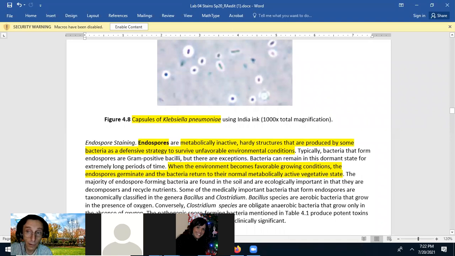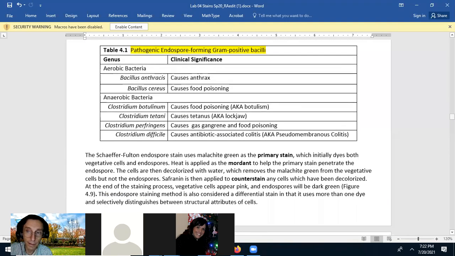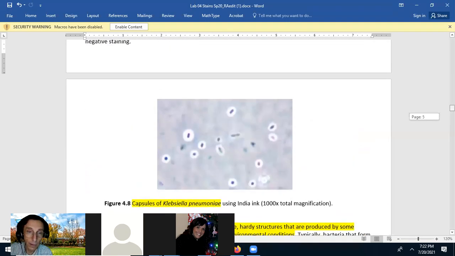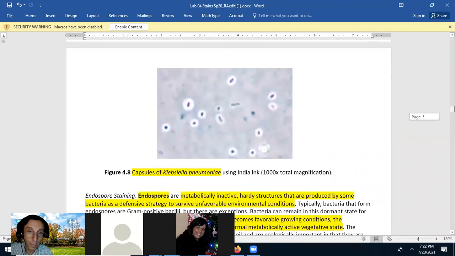When we look at the capsules under the microscope, they will be non-staining. And then the background will be lightly staining, and the cells will be staining, depending on the capsule stain.